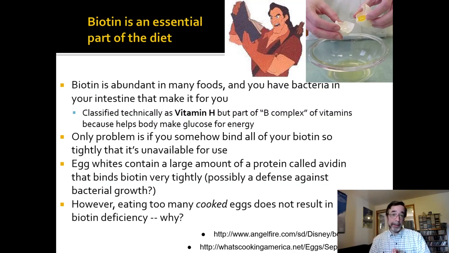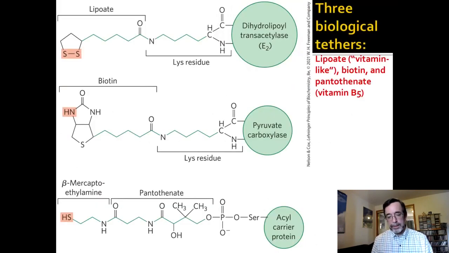What is avidin? Avidin is a protein. What happens to proteins in eggs when you cook them? They unfold, they lose their activity. So by cooking eggs, you are automatically avoiding biotin deficiency problems. That's why I'd recommend that to Gaston, but of course he probably wouldn't listen to me because he's too busy listening to all the people who tell him what he wants to hear.